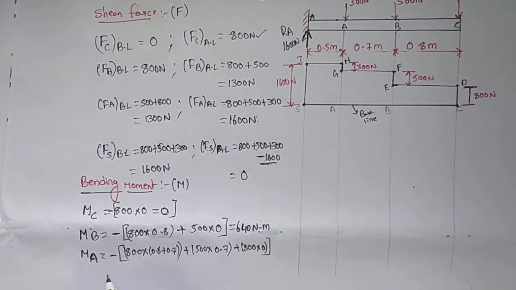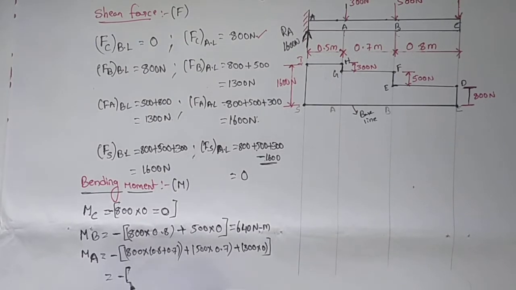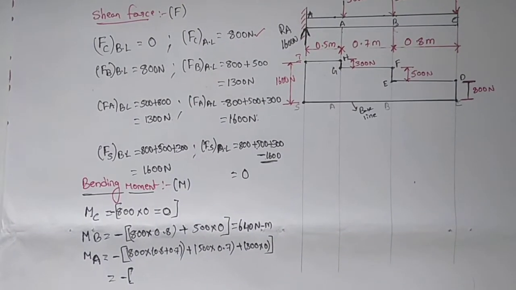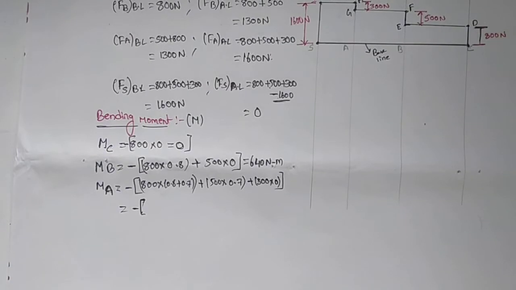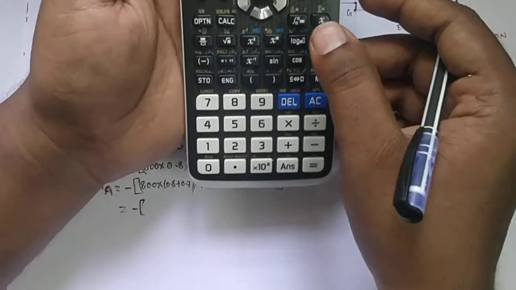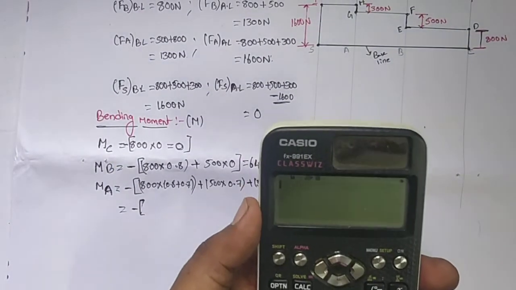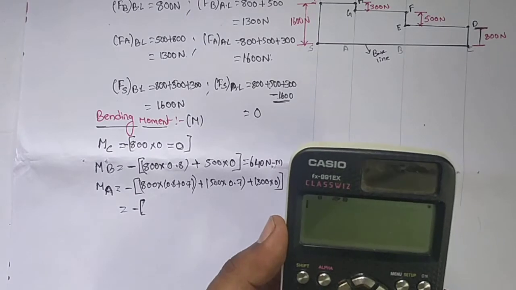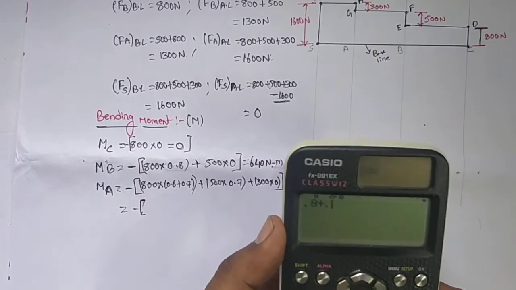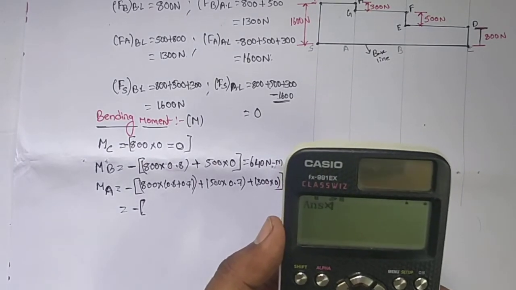Okay. Here the total load on the beam is... we'll calculate first. I'm calculating the first load 0.8 plus 0.7 into 800.